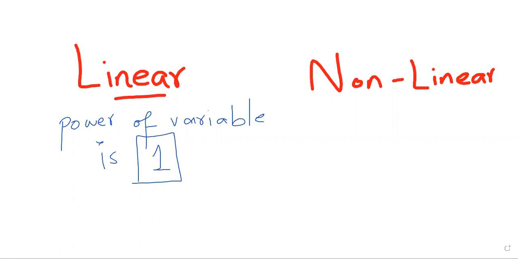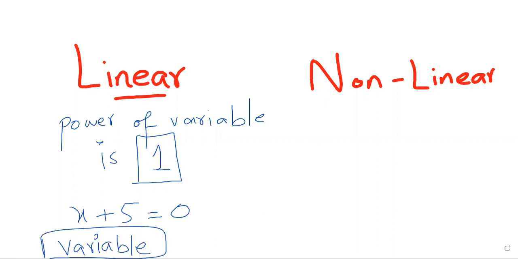Let's suppose x plus 5 equals 0. So here you can see x is a variable. I also covered what variables and constants are, so you can see that in my other video. x is a variable, 5 is a constant.